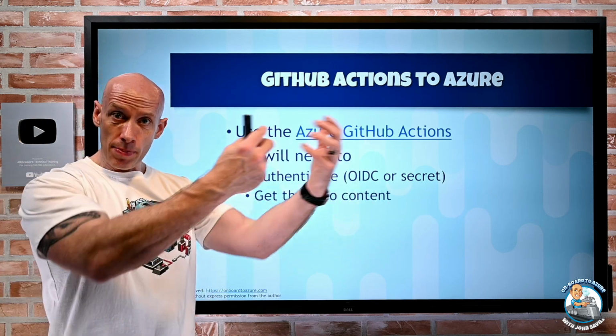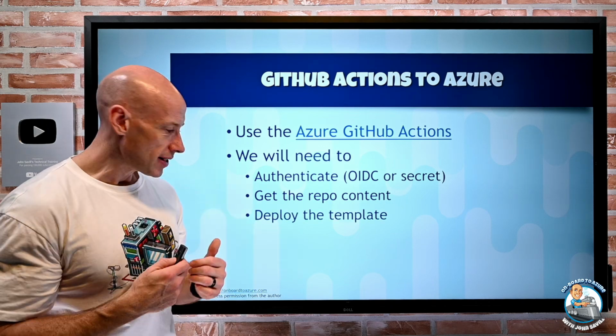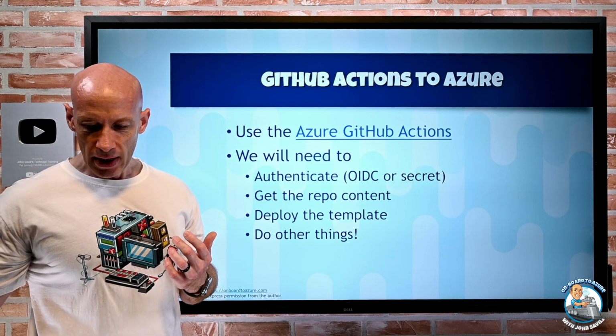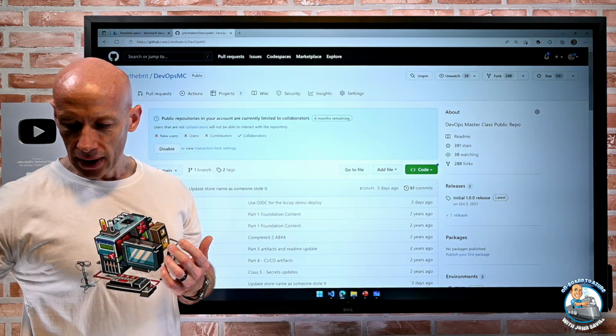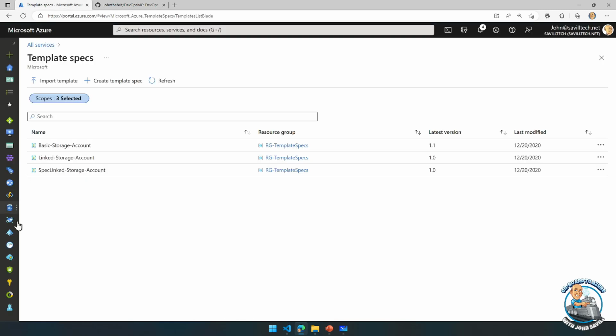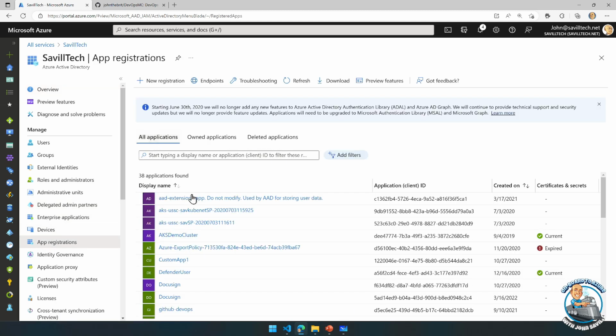I want to get the repo content locally, and then I can do stuff. I can go and deploy the template and do as many other things as I want. So if I was to super quickly, actually, we can maybe show a couple of things. So firstly, during that authentication, it's kind of cool. If I was to look at my app registrations, I'm creating a service principal.